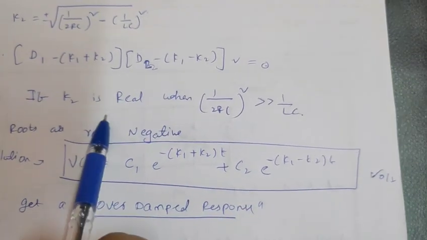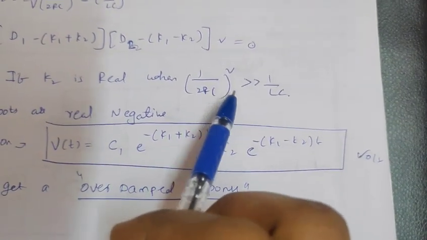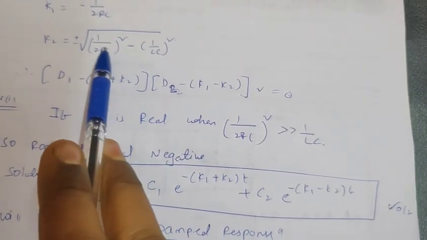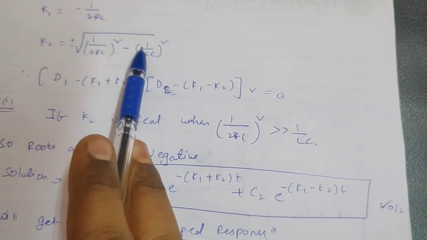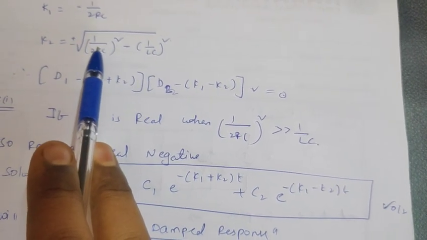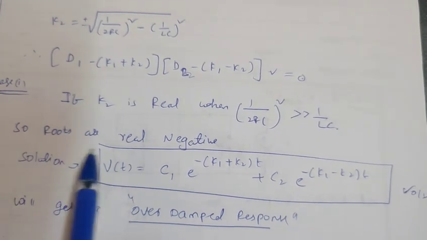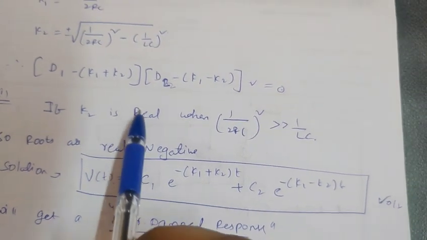So if this value is much greater than the 1 by LC term, you will get positive real values. Therefore the roots are real and may be negative.